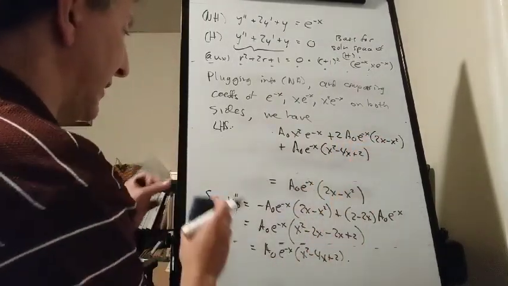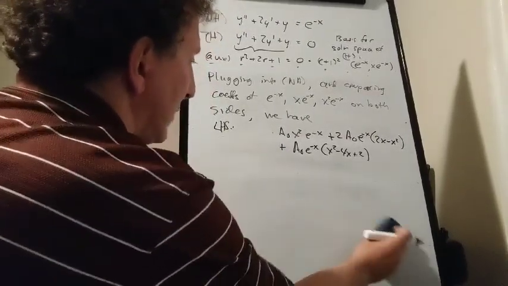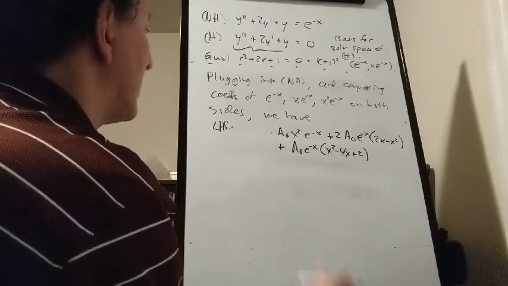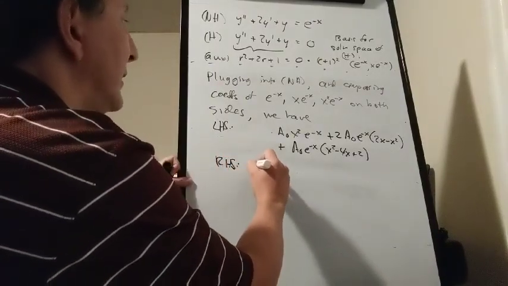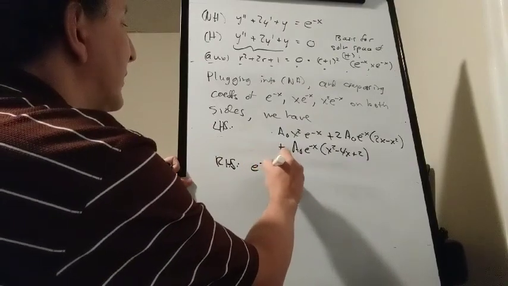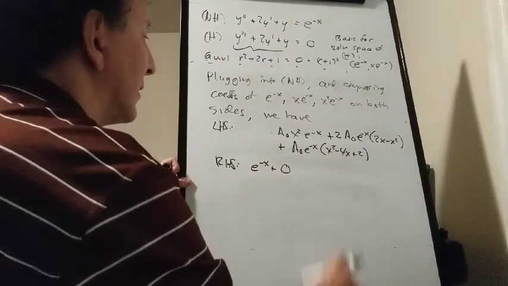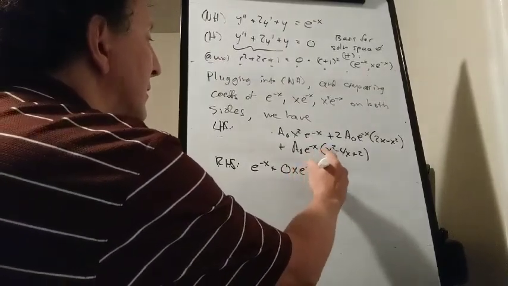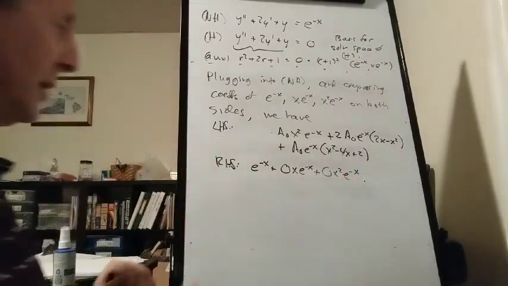And on the right-hand side, so I guess I can get rid of all of this, we have e to the negative x plus 0 x e to the negative x plus 0 x squared e to the negative x.